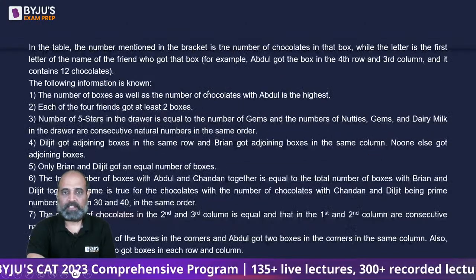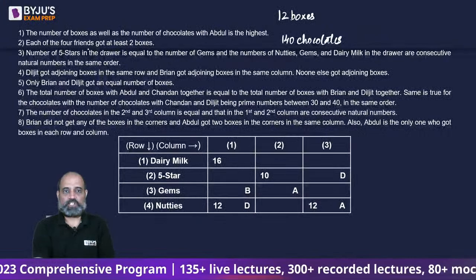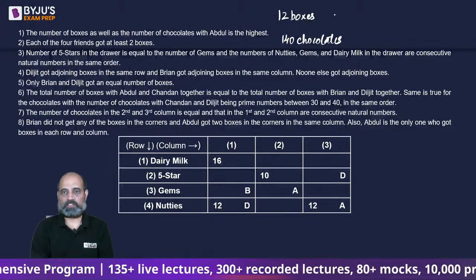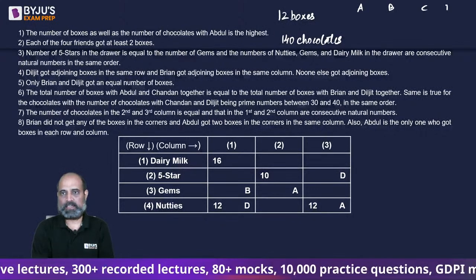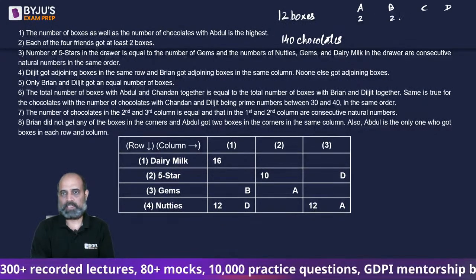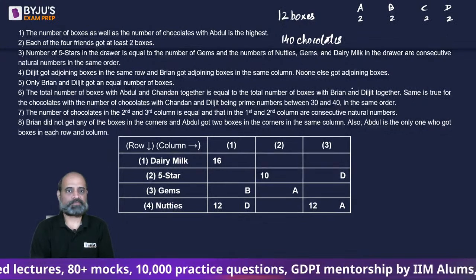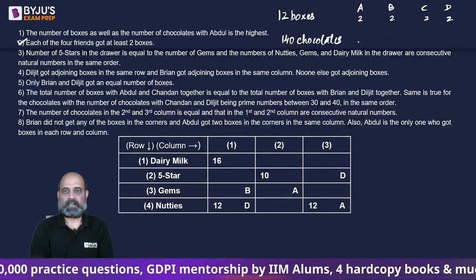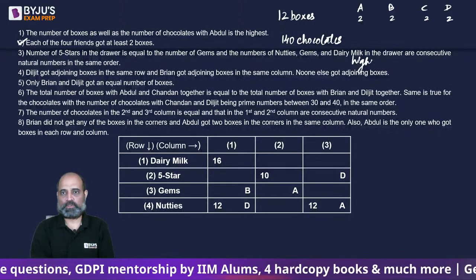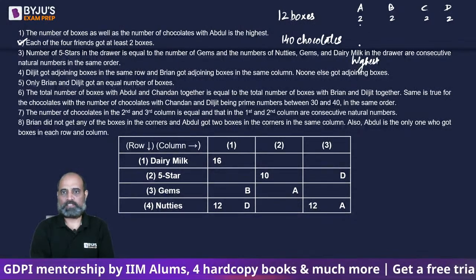Each of the 4 friends got at least 2 boxes. So if I talk about A, B, C, D, each one has got 2. Okay. So done with this. And Abdul has got highest of both chocolates as well as boxes.